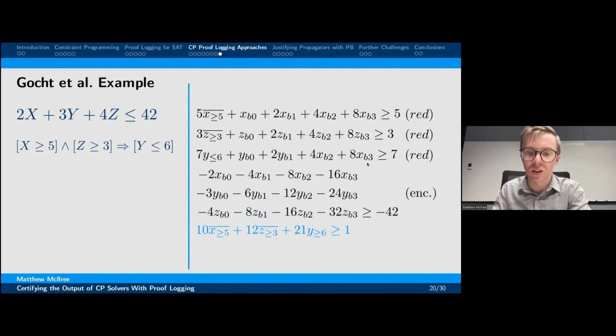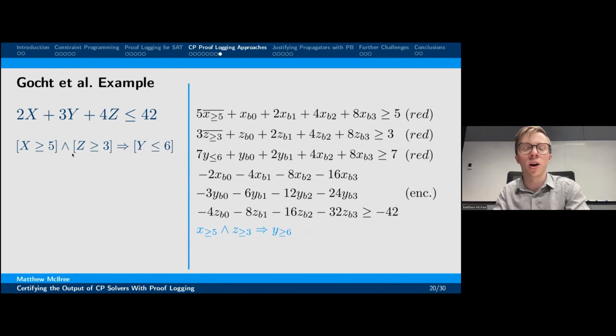So once all the dust settles and we cancel all the variables, if we multiply the first constraint here, this redundant constraint, by 2, and the second one by 3, and the third one by 4, and add everything up, then we get something that looks like this, which, if you stare at it for a minute, you'll realize is exactly the same thing as the explanation that we wanted to derive.